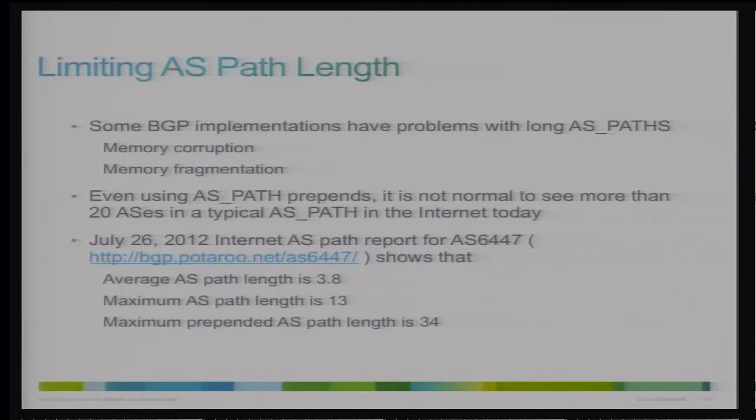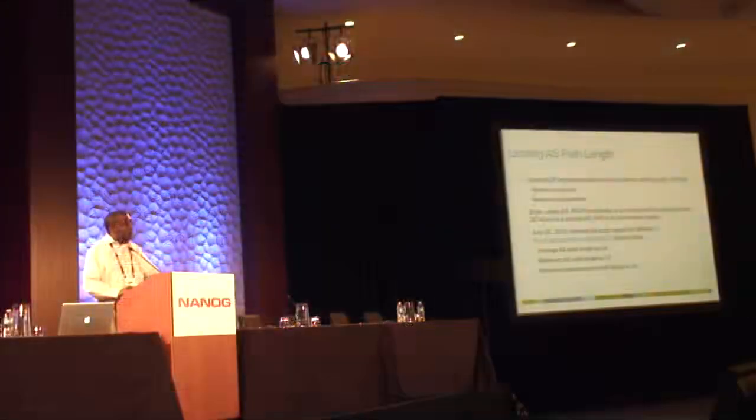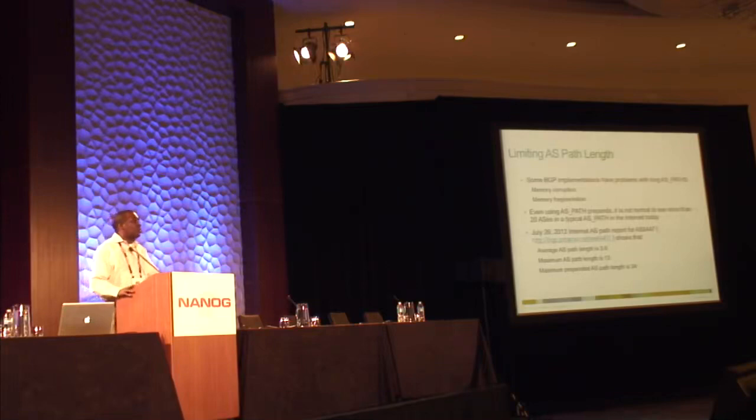The standard doesn't say what should be the maximum supported, but implementations have their own maximum, and you may hit that maximum, and it's important to understand what the implementation maximums are. But in general, it's not a good practice to reach that maximum anyways. So when you do prepending to increase the lengths and do traffic engineering, do not prepend a huge number of AS prepends. Do a manageable number while achieving your traffic engineering.